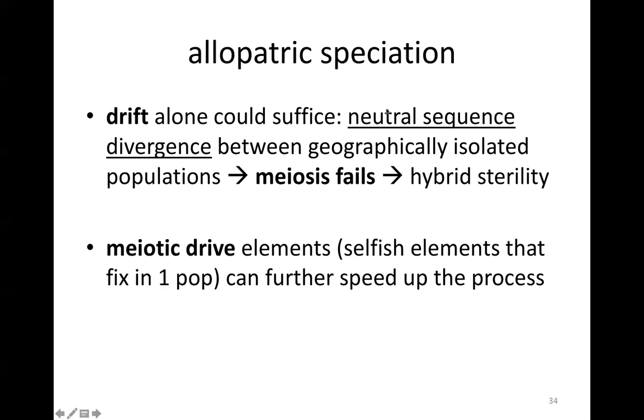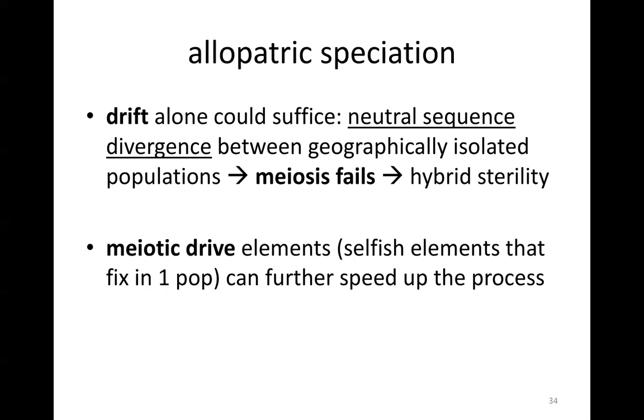So if there's too much sequence divergence, too much karyotype remodeling in either population, when they come together, the hybrids, the heterozygotes won't be able to perform meiosis successfully, and this can lead to hybrid sterility, even if the hybrids themselves are healthy.